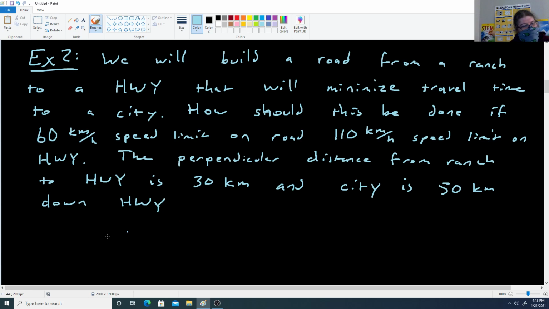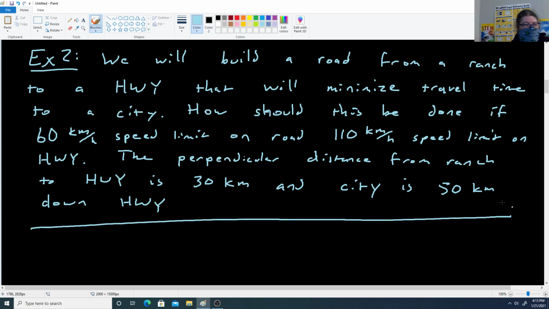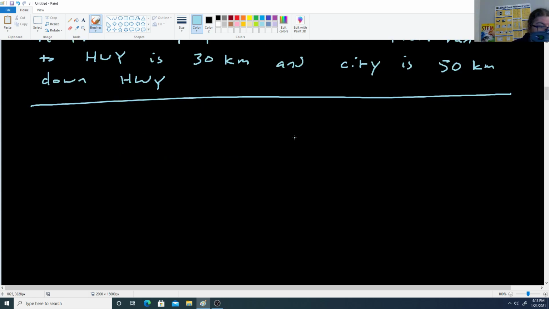Okay, so first we're going to go through and draw a picture to help us visualize what's going on. We got a little ranch, so I guess we'll say it's a little house with a windmill kind of thing. So that's our ranch.